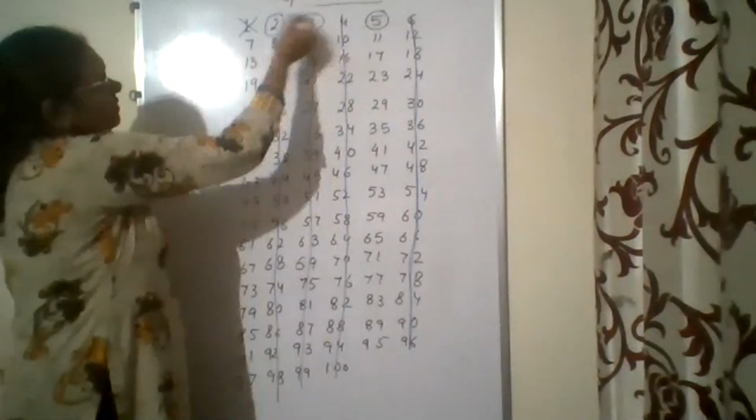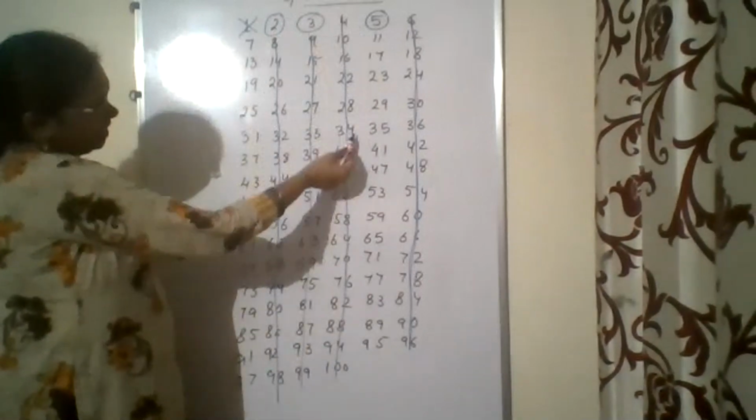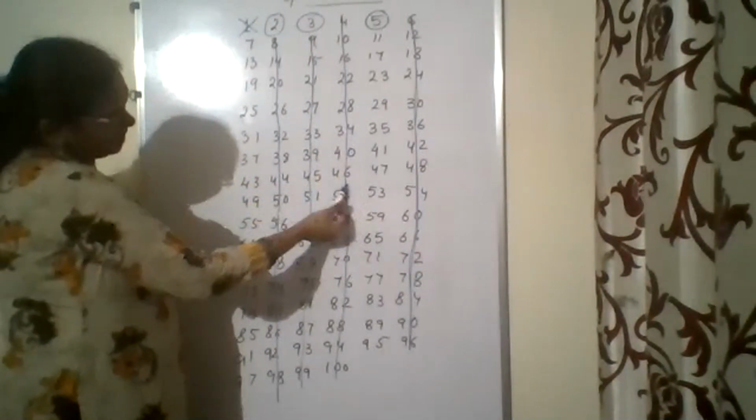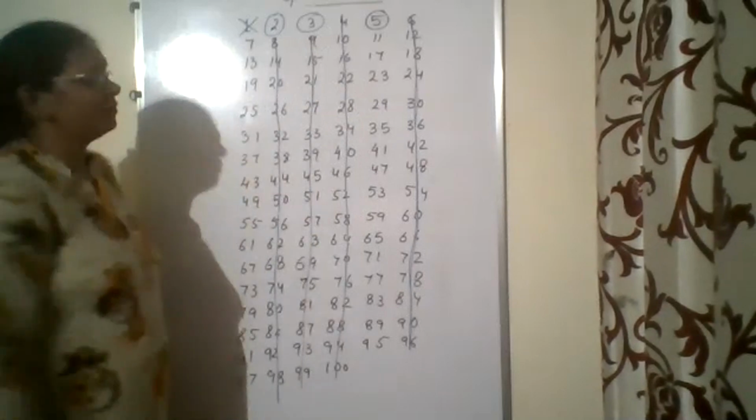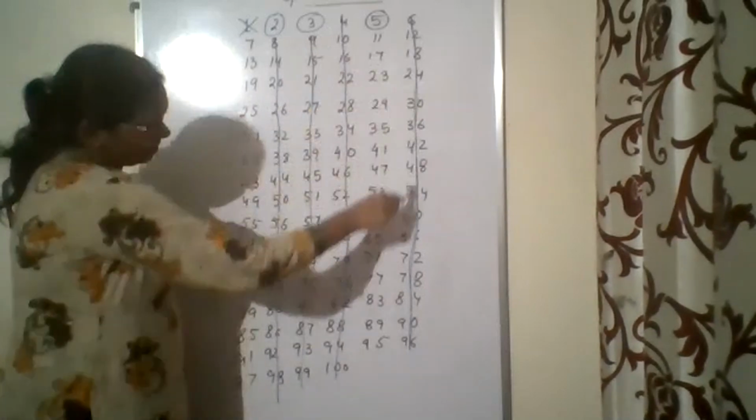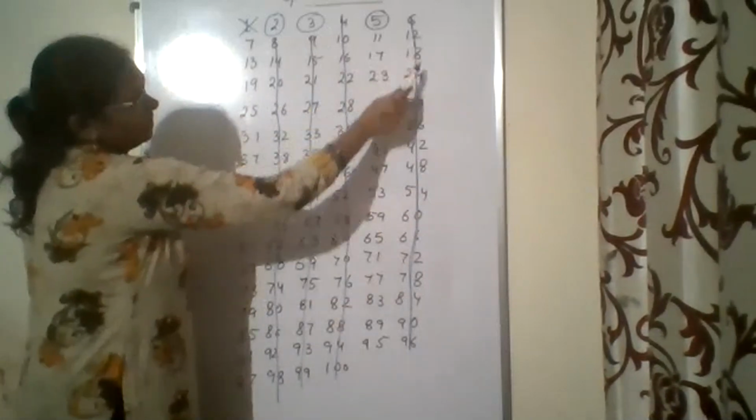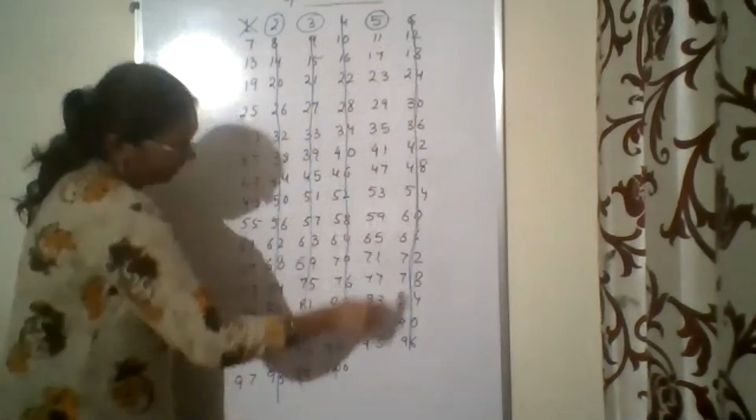And see, 4 is divisible by 2, so we strike off all the numbers below 4, because these all have even numbers at the 1's place. So this whole line is divisible by 2. Here also similarly, the numbers at the 1's place are even numbers, so this whole line is divisible by 2. So these are not prime numbers. Next, see.